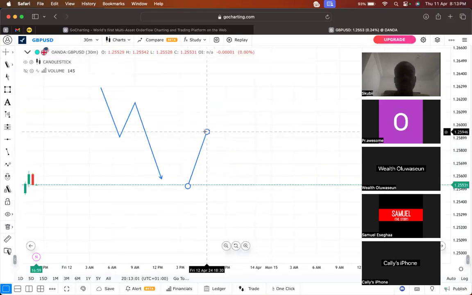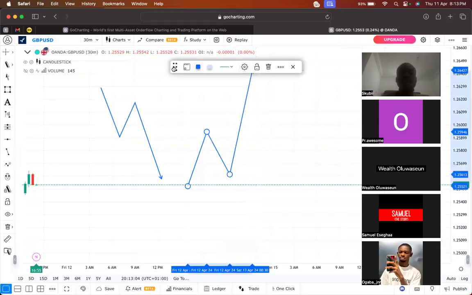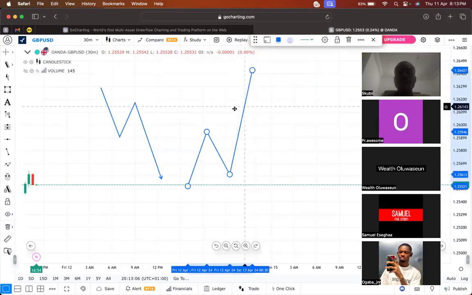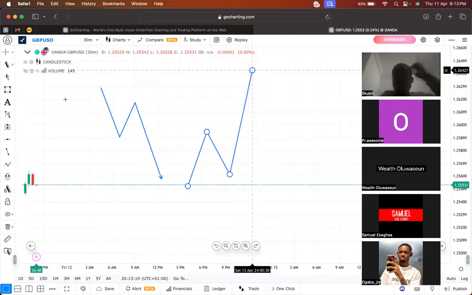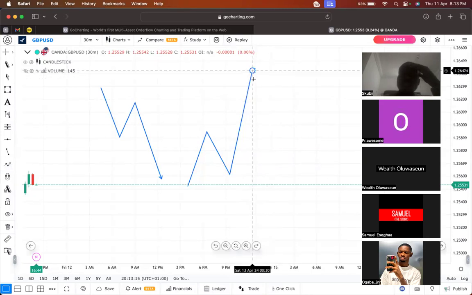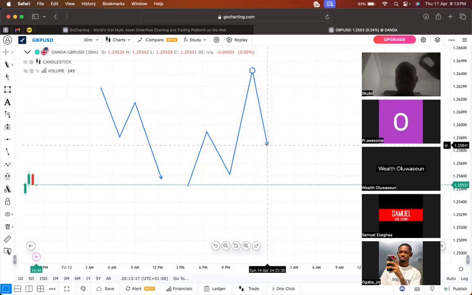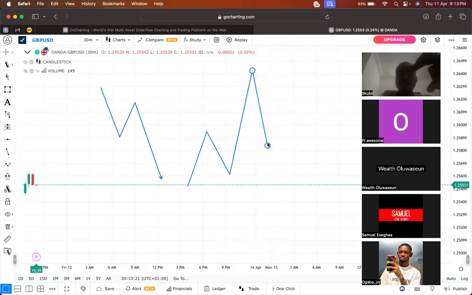So this strategy is more or less like a break and retest strategy. Whenever price breaks a certain level, like in this case, price has broken to the upside to create a higher high, the rule of market structure is that price needs to come back down and retest a certain level before going up again.